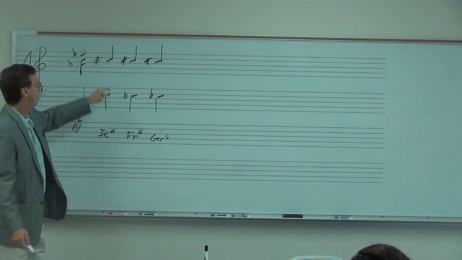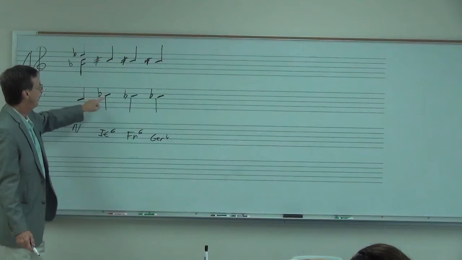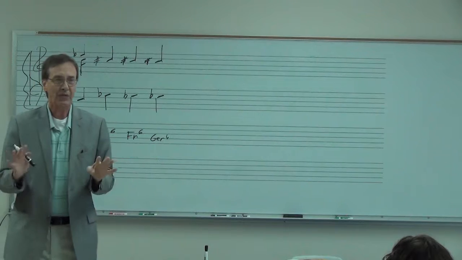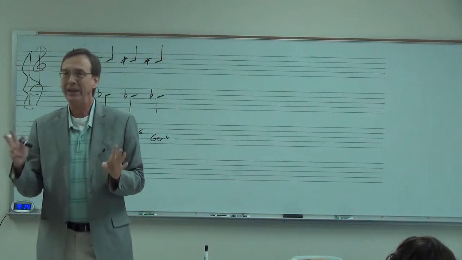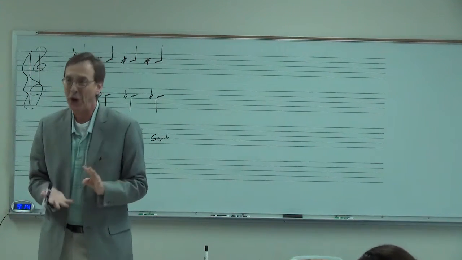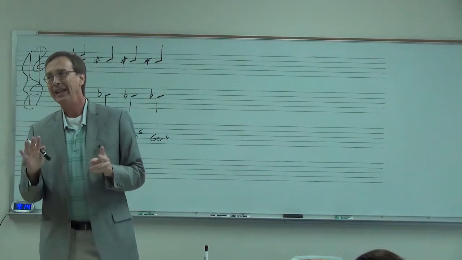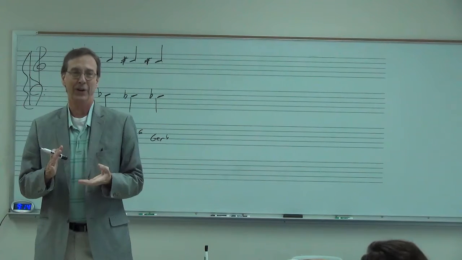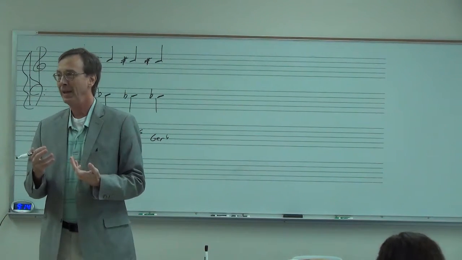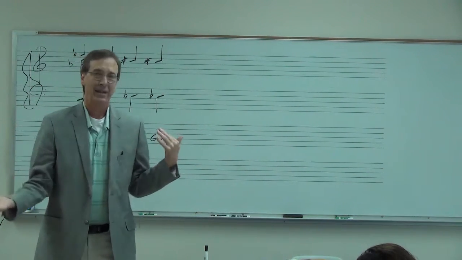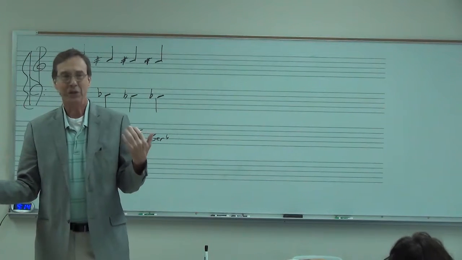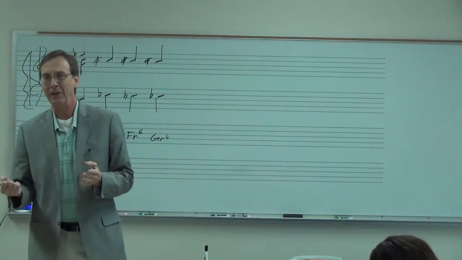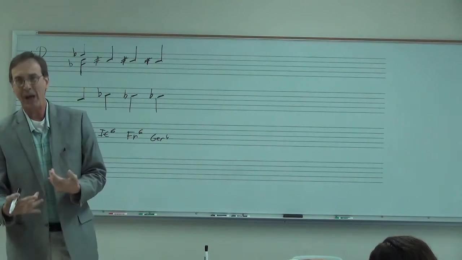Now, truly the root is not the bass. But the reason we don't think of it so much that way, we still spell it in thirds, but we don't have major or minor thirds involved. There's a diminished third, and when it's inverted, it becomes an augmented sixth. Augmented sixth sounds like a major seventh, but it's important about the spelling.